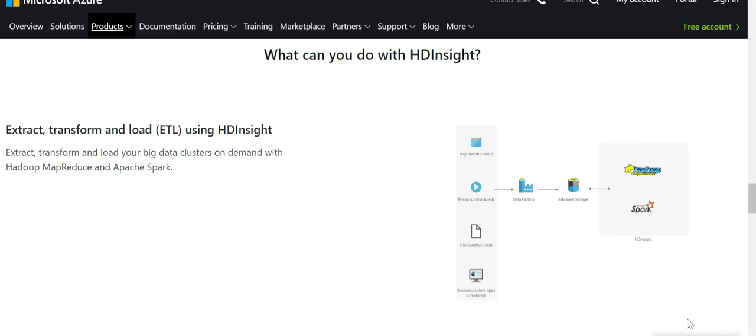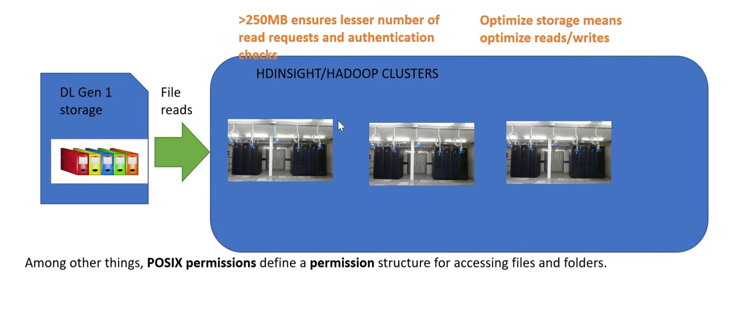So what I get from this question is that HD Insight needs POSIX permissions on Data Lake storage to read the files. If your file size is greater than 250 MB, it ensures a lesser number of read requests. HD Insight wants to read the storage, and then there are fewer read requests.